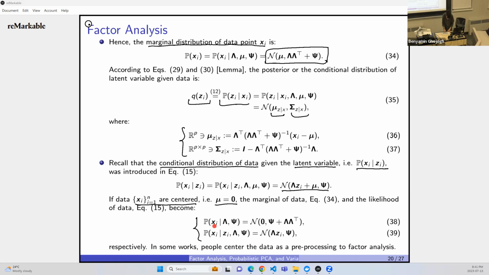Then P of xi given lambda and psi becomes this. The mean becomes 0. And also, this becomes 0. So this is simplified to lambda zi. So equation 38 and 39 are the simplified if the mean of data is 0. And you might see it in some papers. Therefore, in some works, people center the data as a pre-processing to factor analysis. Interesting.